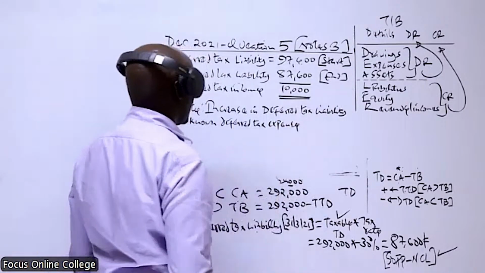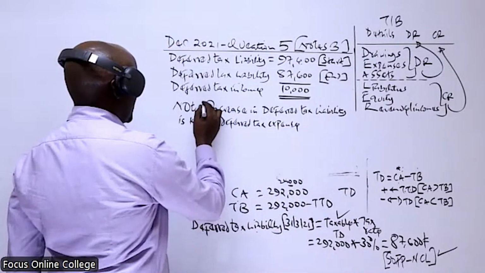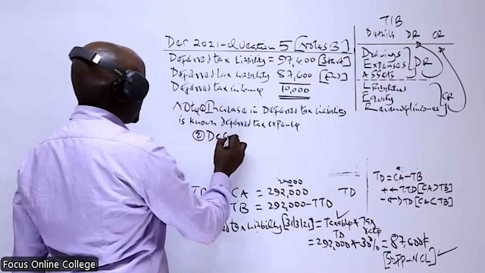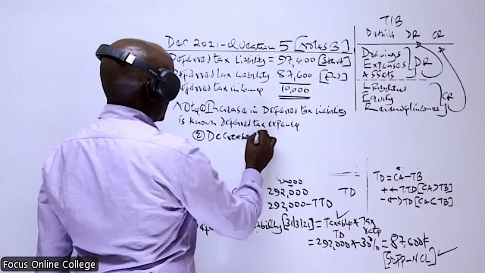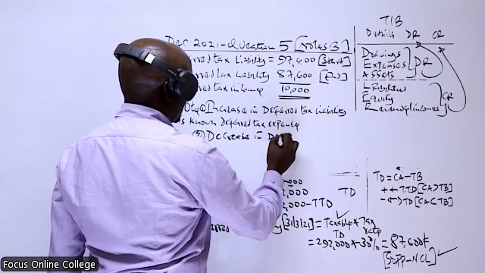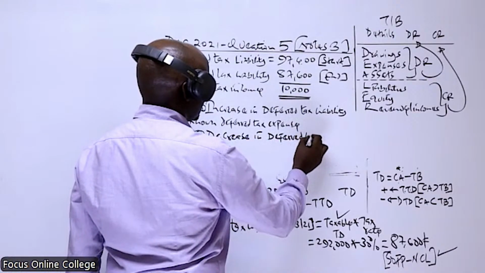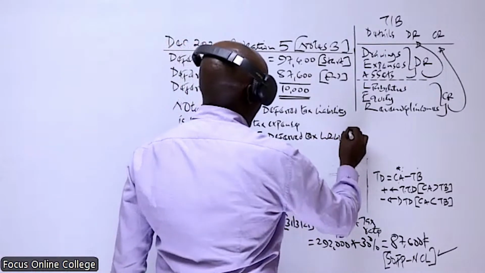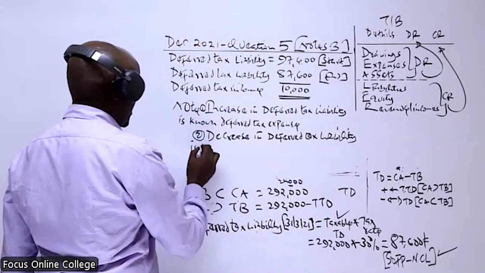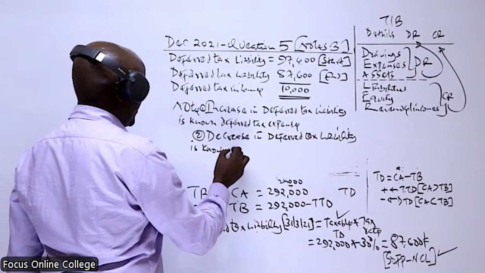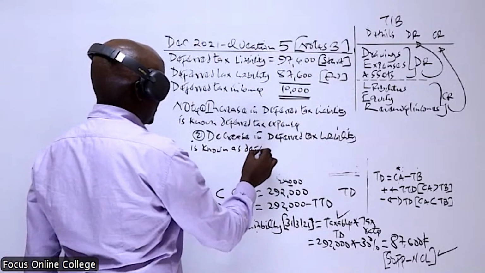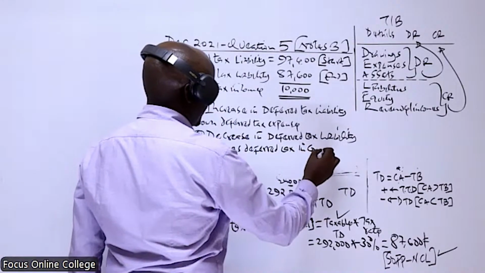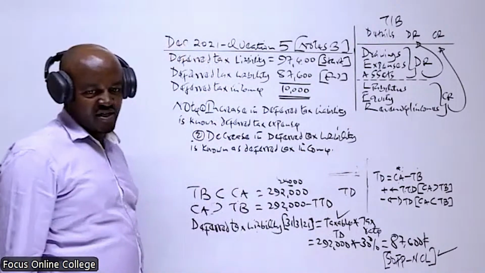Note 2: a decrease in deferred tax liability is known as deferred tax income.